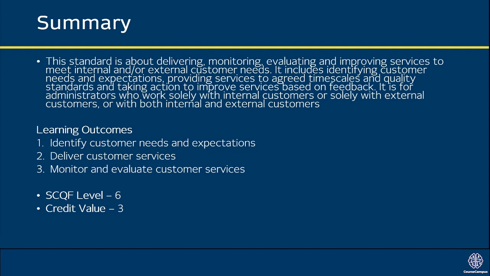The third step, the third learning outcome, would be to monitor and evaluate the customer services that are being delivered, and only then can you look at doing some continuous improvement and reflecting upon how can your customer service be improved, or how can your organisation's customer service processes be improved. This unit is at SCQF level 6, and there's 3 credit values for this unit.